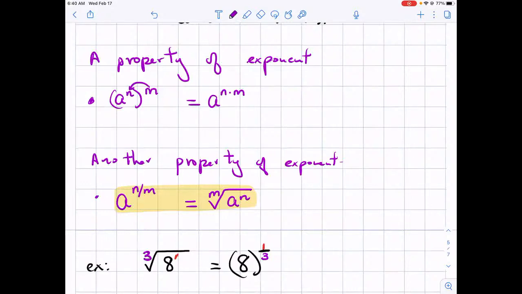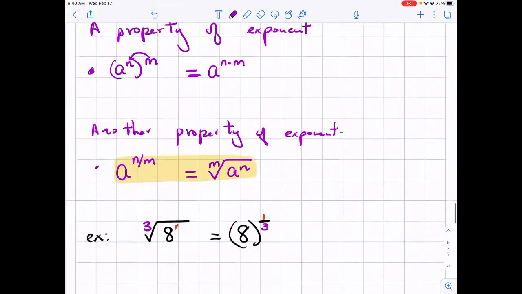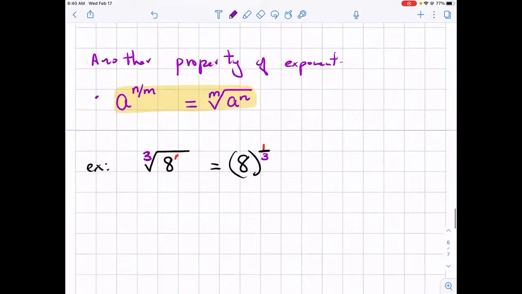So if we look at one of the properties of exponents, we have a to the n power raised to some mth power, that is equal to a to the n times m. Another property is a to the n over m power. The denominator is the index, so this becomes the mth root of a to the n.